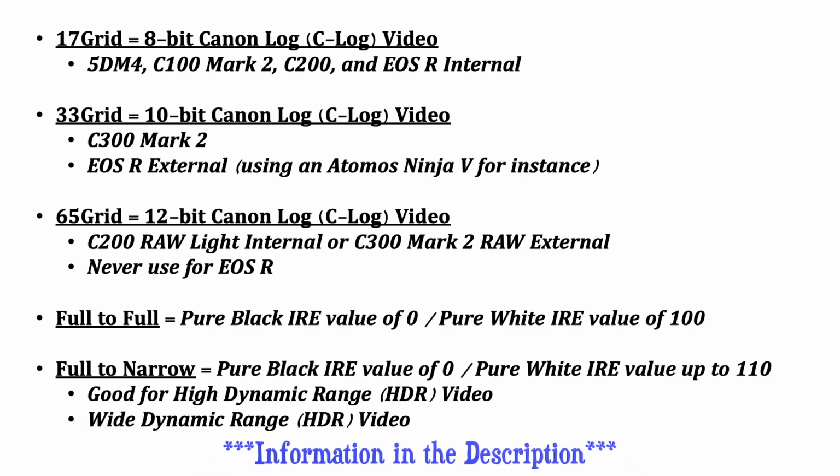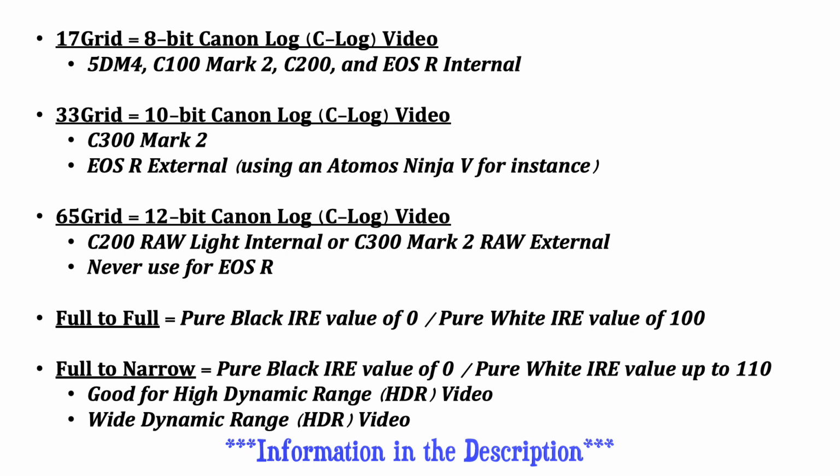If you look at the PowerPoint slide that I put up here, you'll notice when you download the Canon LUTs, you have a 17 grid, which is the best for 8-bit, like the 5D Mark IV, the C100, the C200, and the EOS R internal. So 17 grid is for 8-bit C-Log footage.